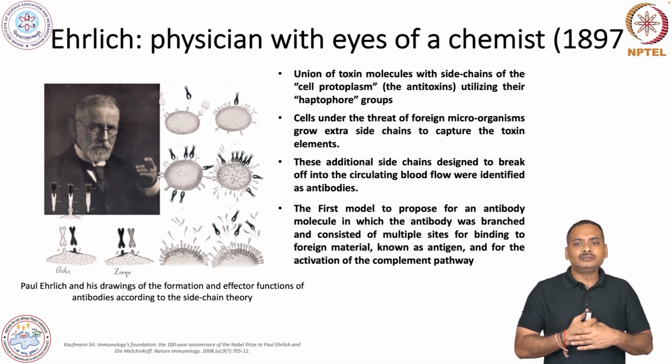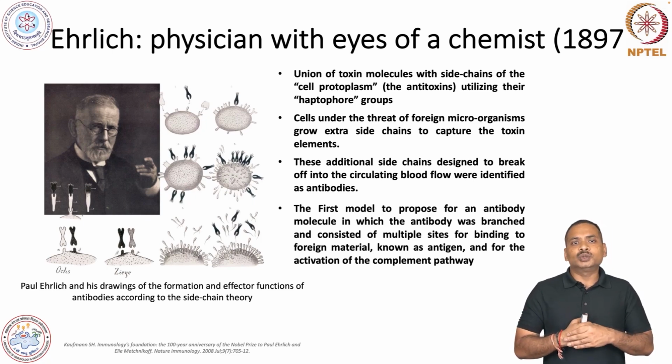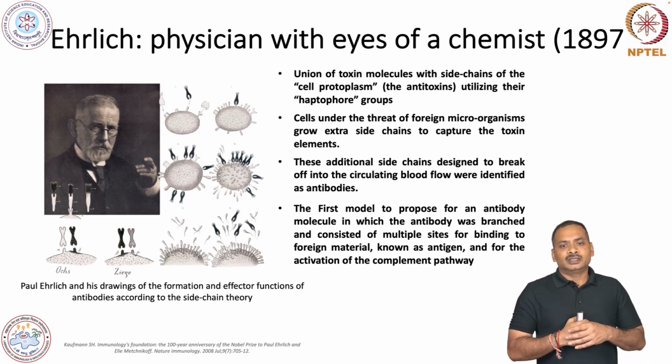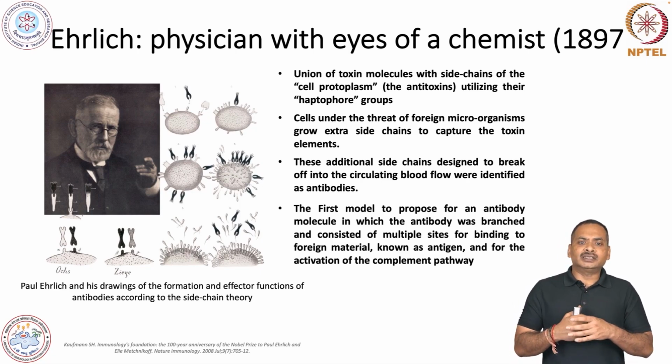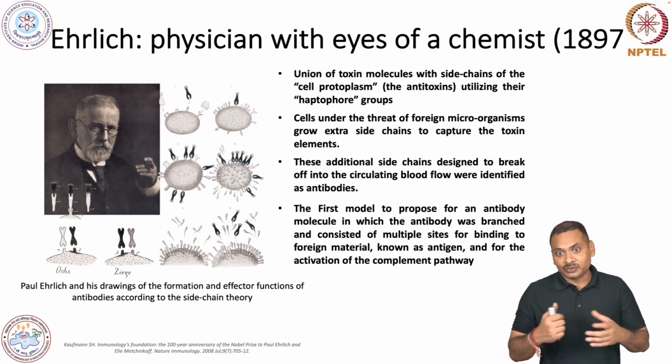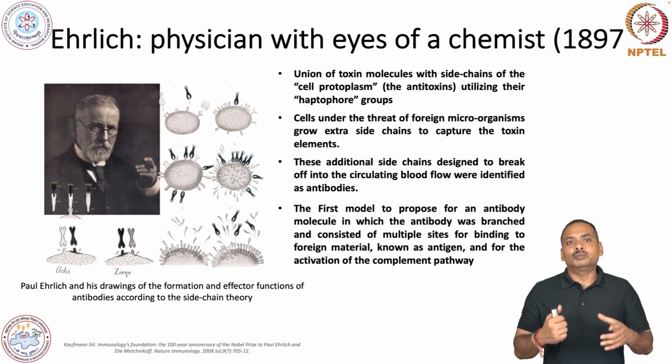Okay, so this was the first model proposed for an antibody molecule, in which the antibody was branched and consisted of multiple sites of binding to foreign material, now known as antigen, and for the activation of the complement pathway.